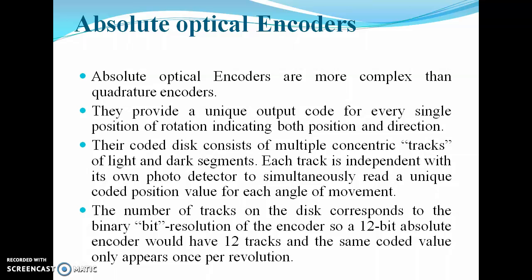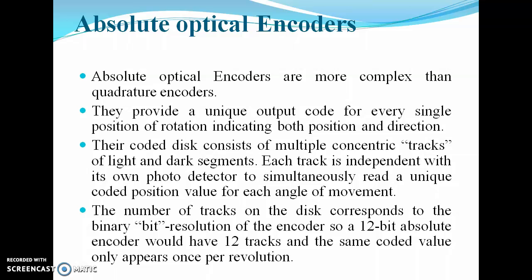So that was the incremental encoder. Then let us see absolute optical encoders. The absolute optical encoders are more complex than quadrature encoders. They provide a unique output code for every single position of a rotation, indicating both position and direction.